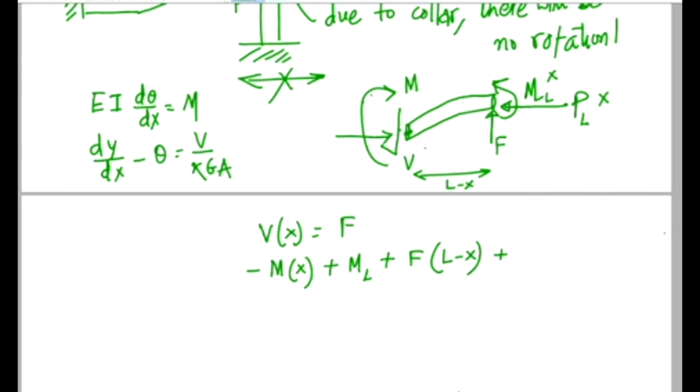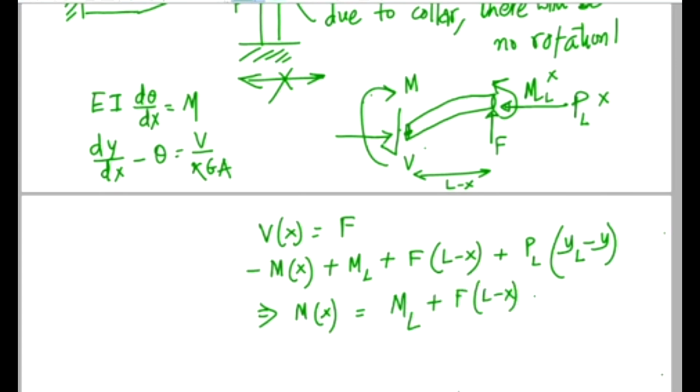You see, now the axial force PL is also going to induce some moment, and that's equal to PL times YL, the deflection at the tip, YL, minus the deflection at x, which is Y of x, and we simply denote it by Y. So this implies your moment M of x is actually ML plus F into L minus x plus PL into YL minus Y.